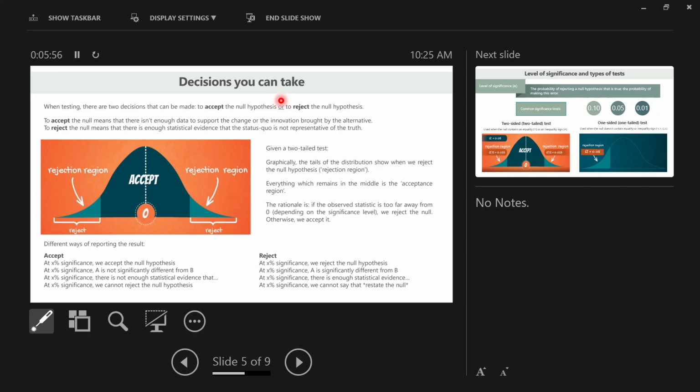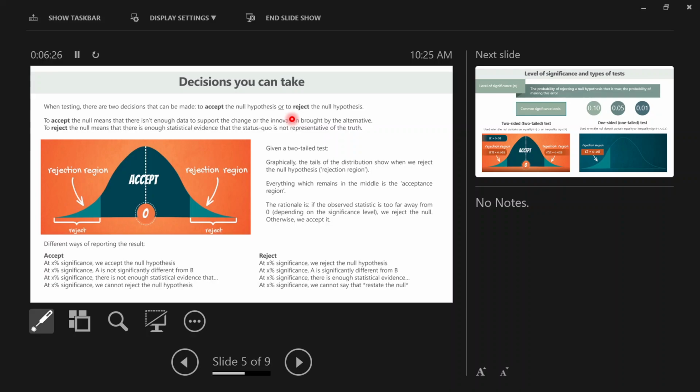On the decision, we are saying that when testing there are two decisions that can be made, right? You accept the null hypothesis or you reject the null hypothesis. In the concept of innocent until proven guilty, when you accept the null hypothesis, it means you remain innocent.